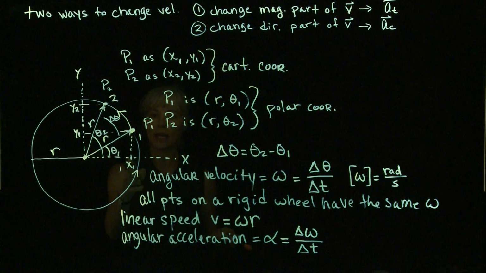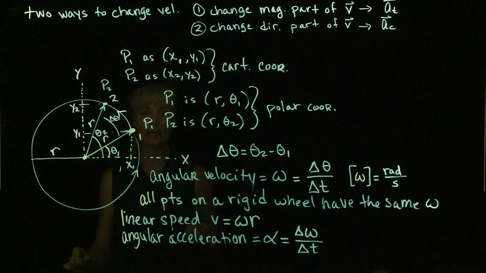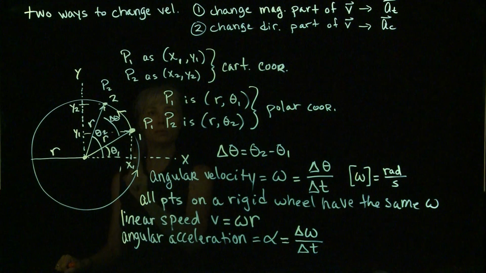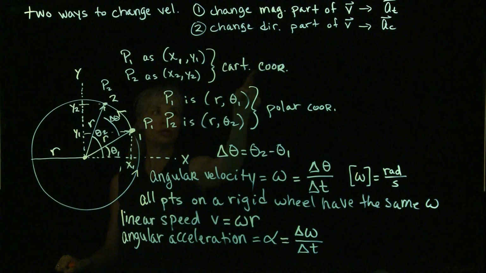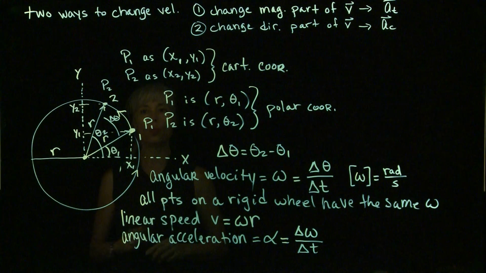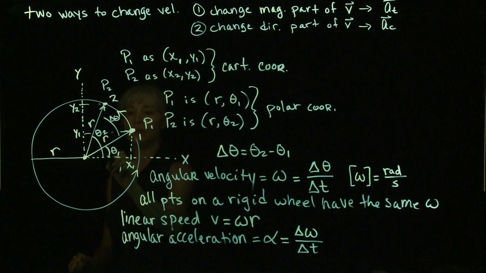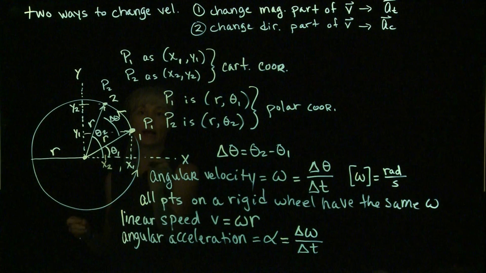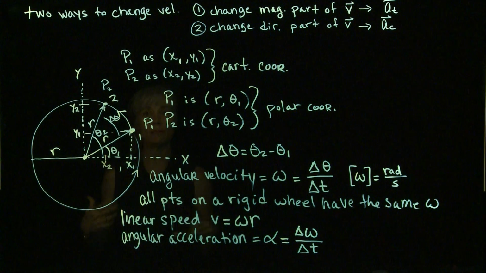That's just how far out on x I have to go and how far up on y I need to go to be at position P1. Likewise for position P2, I can define it in the Cartesian coordinate system as how far I need to go, x2, along the x-axis, and then how far I need to go, y2, up the y-axis. So I can define those points in terms of x's and y's as we've been doing up until now.